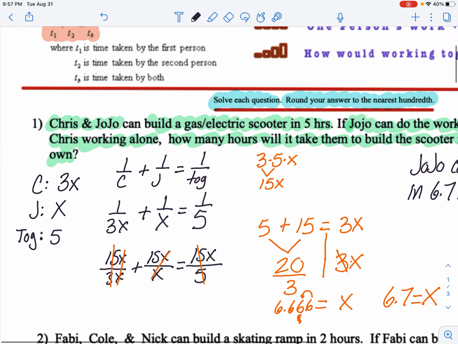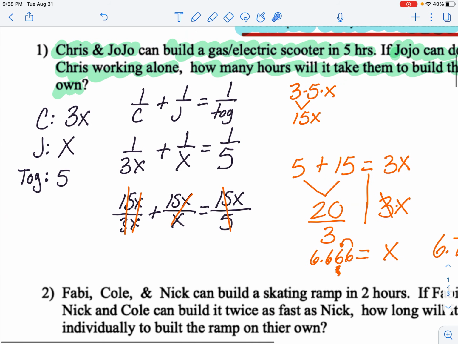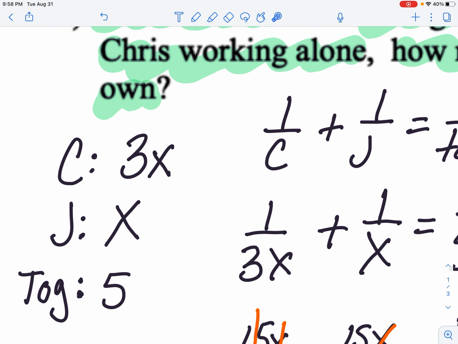Okay. What about Chris? Well, Chris says 3 times x. And x is 6.7. So we're going to say 3 times 6.7.